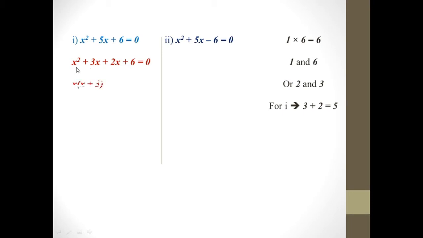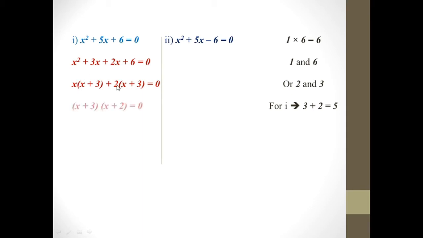When we take common from the first two terms, it's x, and the remaining are x and 3, so the factors are x and x plus 3. Similarly, for the second pair, that is the last two terms, 2x plus 6, we get 2 as common and x and 3 are remaining, so the factors are 2 into x plus 3. Then we take common this factor, that is x plus 3, and the other factor will be x plus 2.